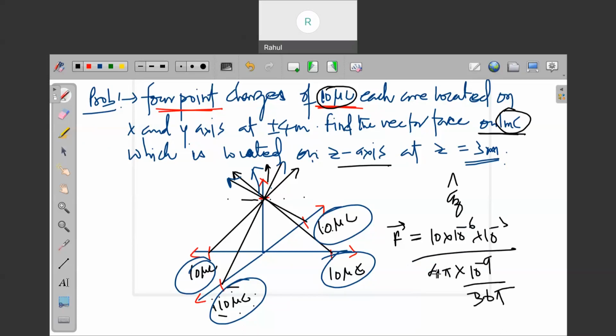So these things cancelled. Okay, just take 9 up, and this will get cancelled, so you will get 90.